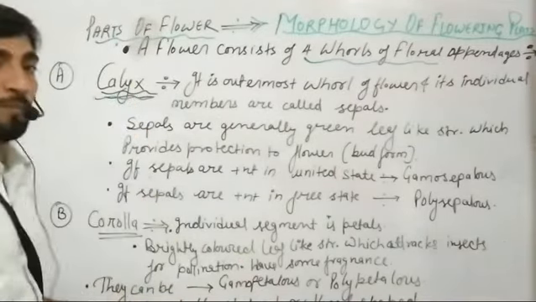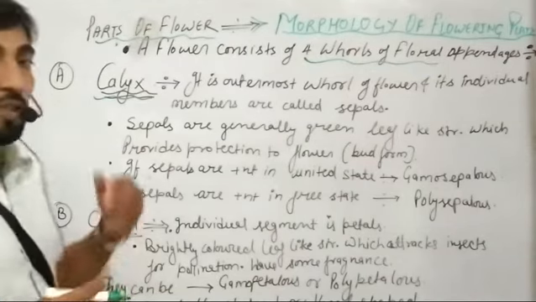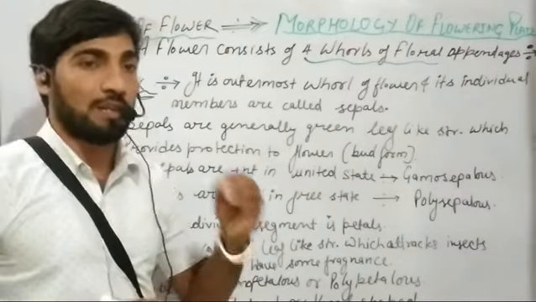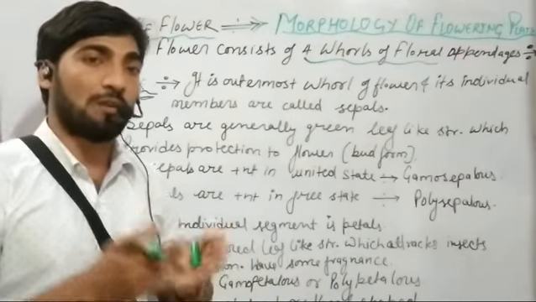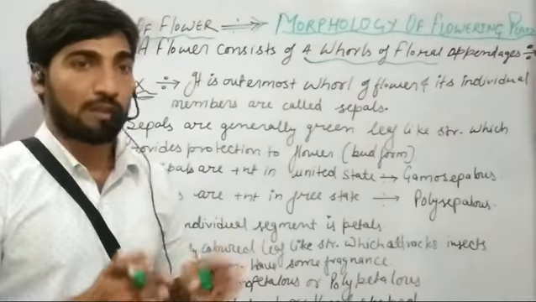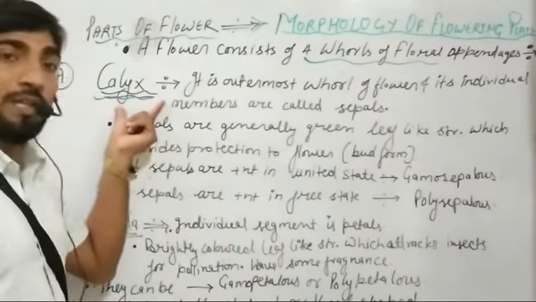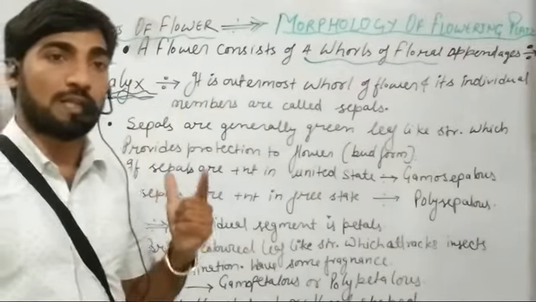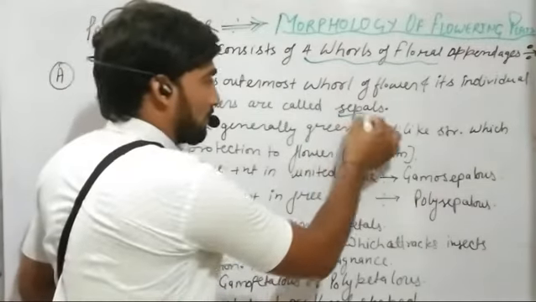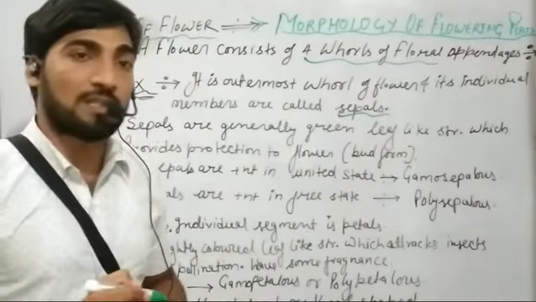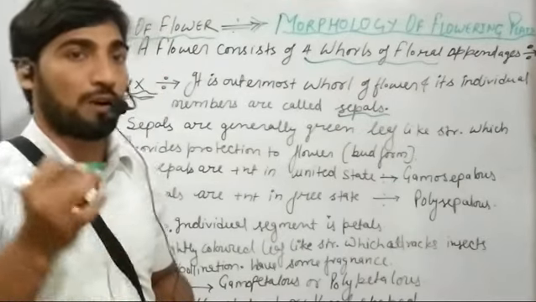The calyx, in case of flowers, is a green leaf-like structure which covers the flower when it is in the form of a bud, and the individual leaf segment of the calyx is known as a sepal. The calyx is the outermost whorl of a flower.